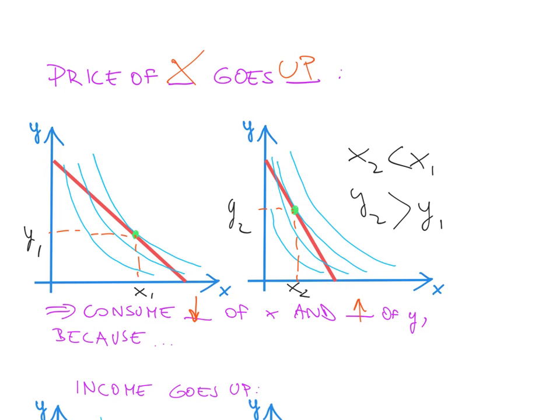That's what really matters, right? Did you notice that from the homework you did for today? That was meant to get you to think about that too. Only relative prices matter. The price of X goes up and the price of Y stays the same in nominal terms. So relatively, Y became cheaper, X became more expensive.